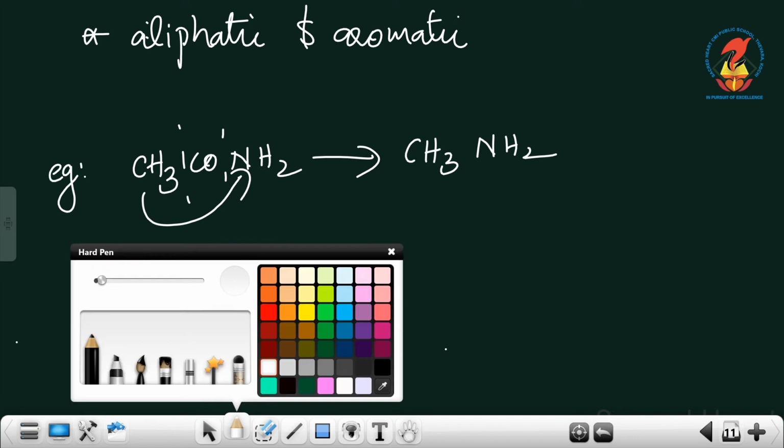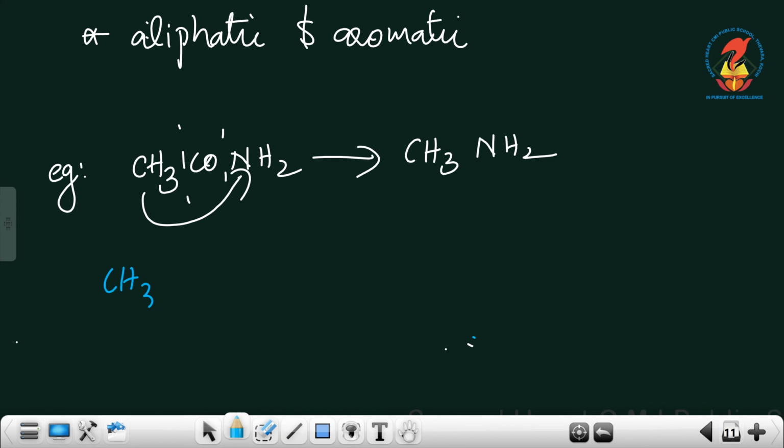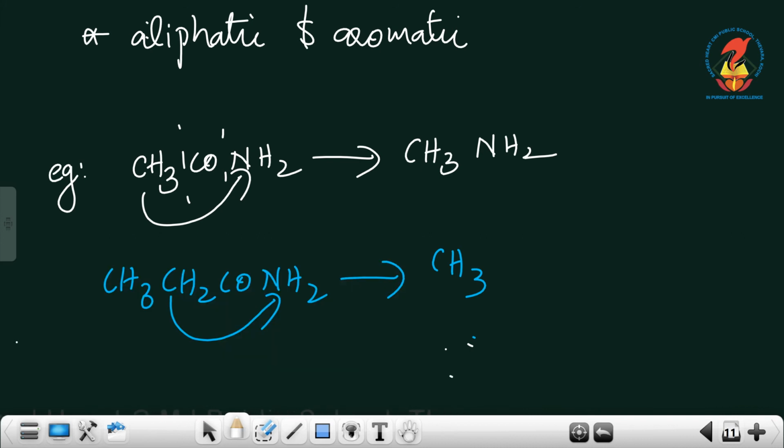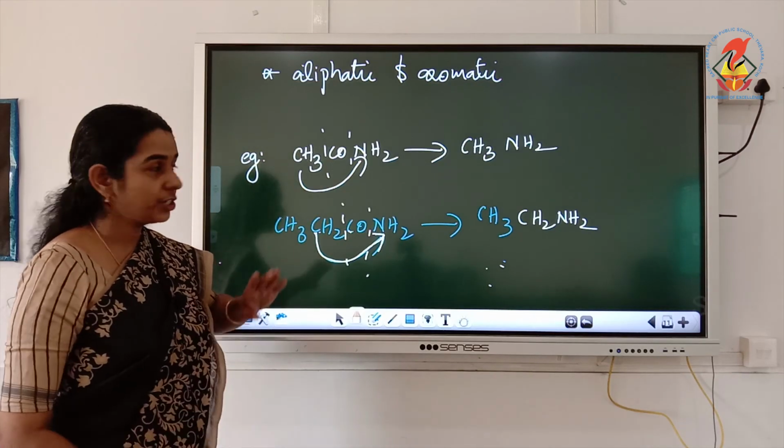Now if I am taking CH3CH2CONH2 as the amide, after migration I will be getting, so they will be breaking on either side, and the carbon atom which is attached to the carbonyl group, so this carbon will be migrating from here to here. So I will be getting CH3CH2NH2.